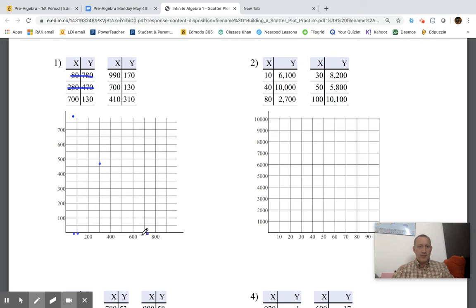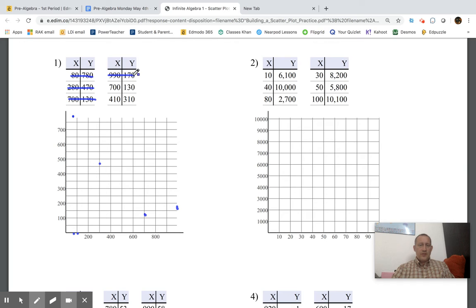So we have 700 and then 130. Whoa, that's a lot lower, isn't it? 990, which is here. And it's going to be here actually. And 170. So that's going to be right about there.